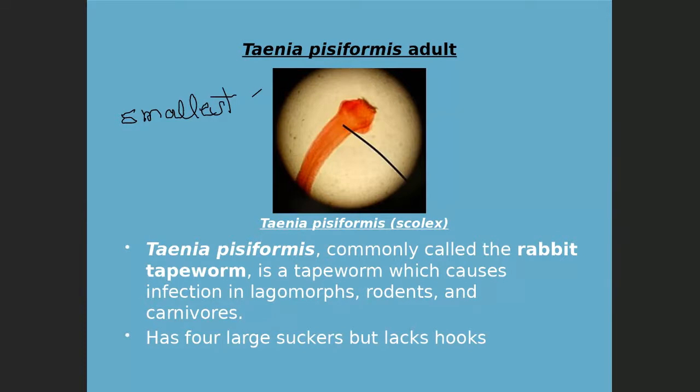I'm going to try to make a circle around the area that we're going to refer to as the scolex for Taenia pisciformis. Notice that there are some suckers here, and I know it's very difficult to see them in this picture, but there are these ridges. All of those are going to be very small segments for Taenia pisciformis.